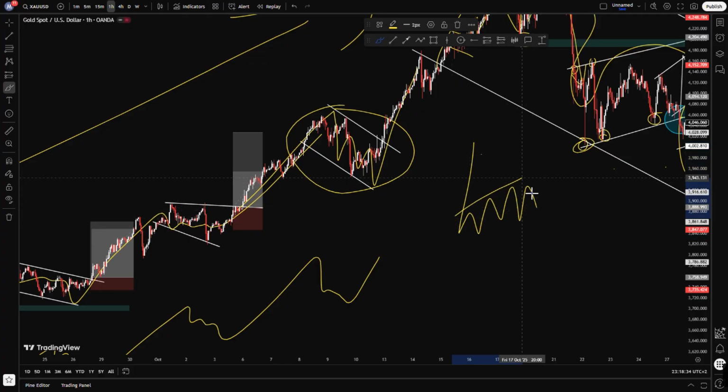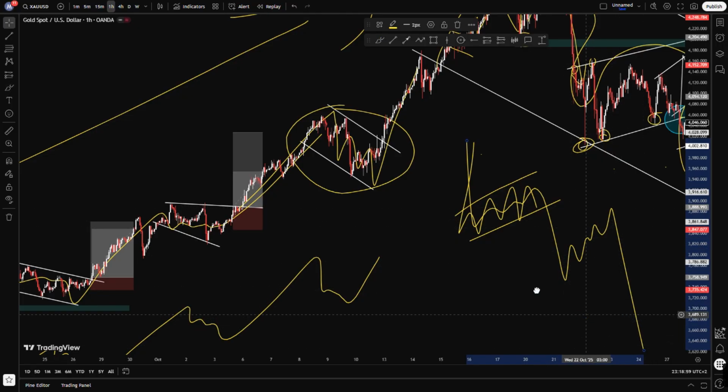You can call this a bearish pattern. Price is in a downtrend, there's an impulse to the downside, then a correction, another impulse, then you might have another correction, then an impulse again, right?